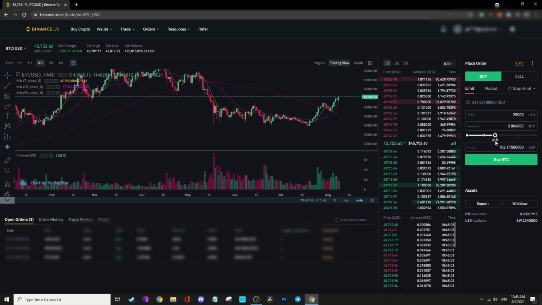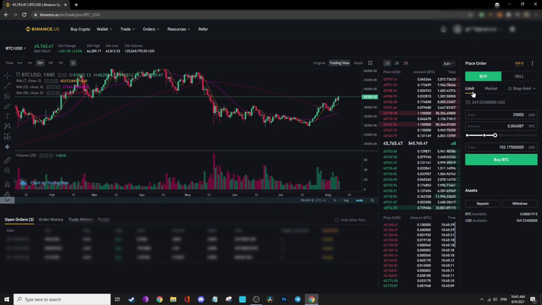So let's say I want to buy $100, I can use the slider to get it to about $100, and then we can click buy BTC, and it's going to go down into our open orders, and it's going to remain open until Bitcoin drops to 25,000 USD. Once Bitcoin hits 25,000 USD or lower, you will be buying the Bitcoin at that price.